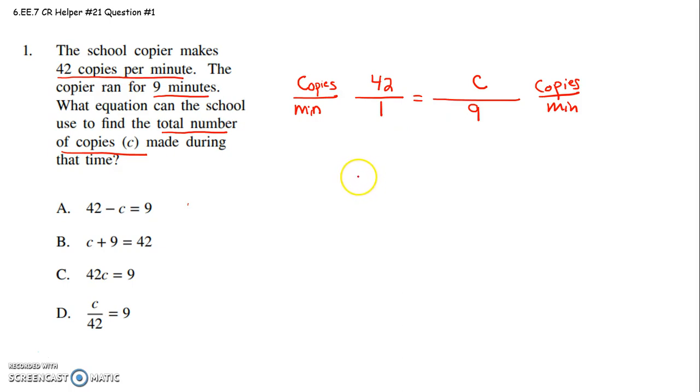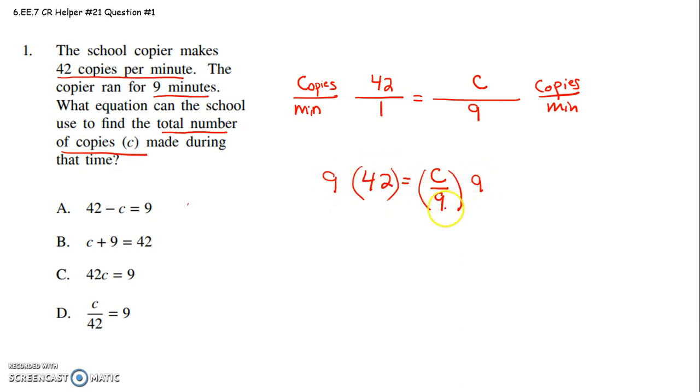So if I look here, I now need to figure out which of these equations will get me to this. Well, if I look at this, 42 equals C over 9, because 42 divided by 1 is 42, equals C over 9. Now I'm going to multiply both sides by 9, undo that division with multiplication.